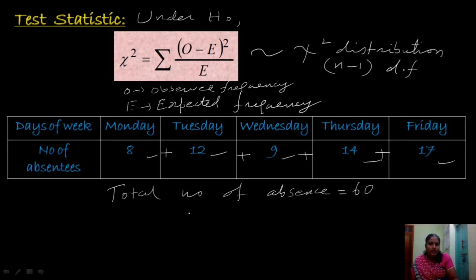And the value of E, the expected absence on each day of a week, is calculated by dividing 60 by 5, since the number of days given here is 5. So you get 12. Under the null hypothesis H0, we expect 12 absences on each day of a week. E is equal to 12 here.